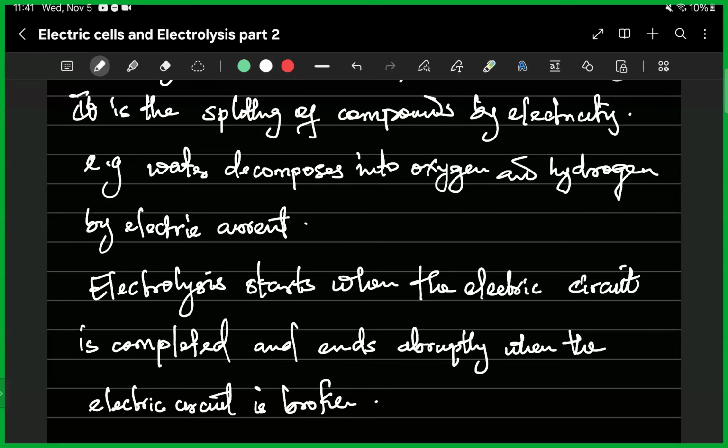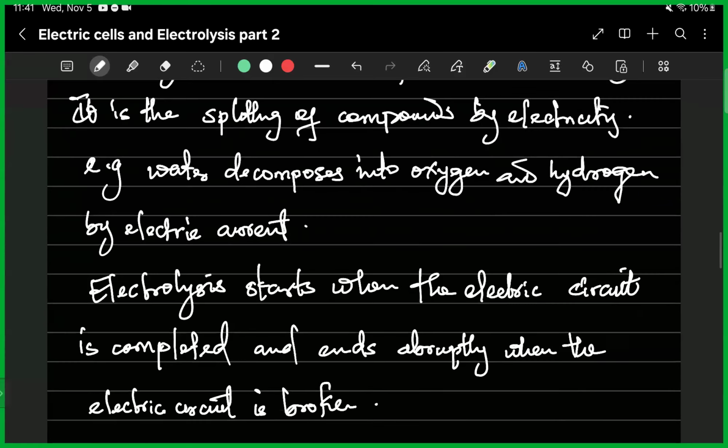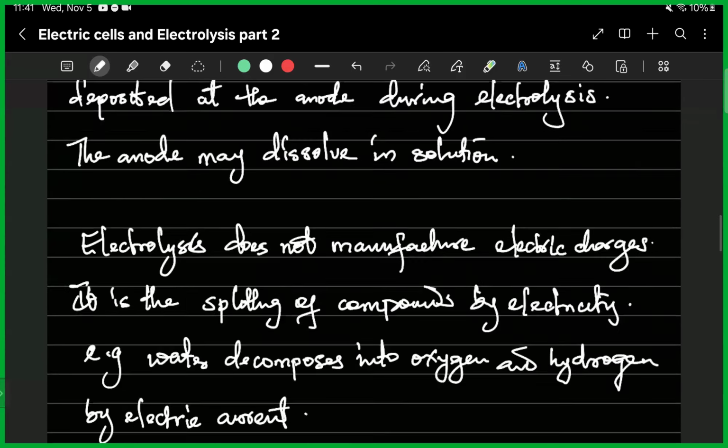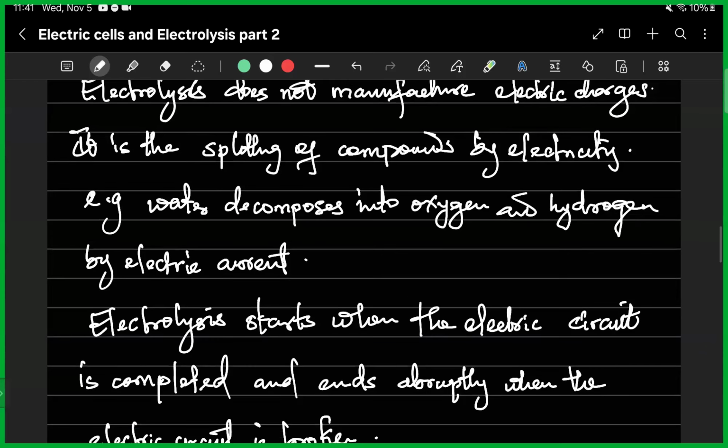So please keep these points. These are just points you need to keep in mind. All these definitions are important points. So just keep them in mind.